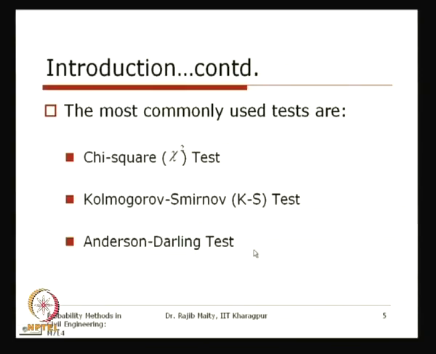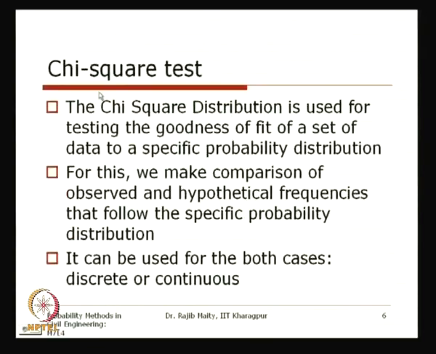We'll take that one also, but for this lecture we'll just consider the chi-square test and the KS test. The chi-square distribution is used for testing the goodness of fit of a set of data to a specific probability distribution.